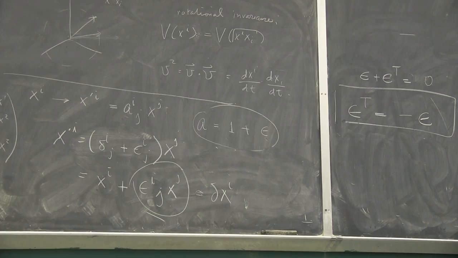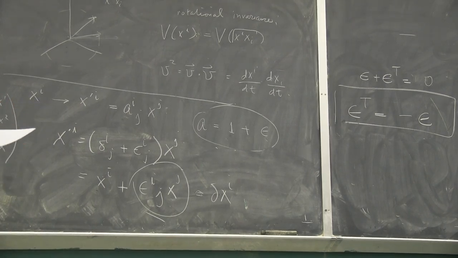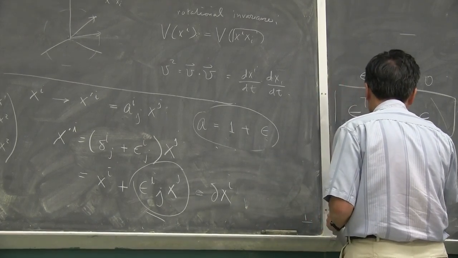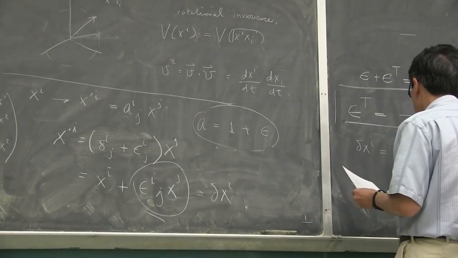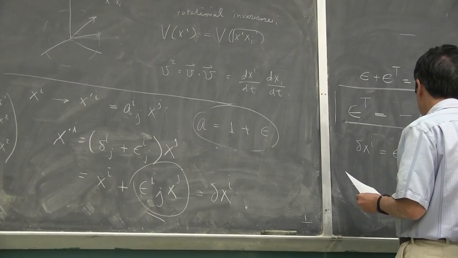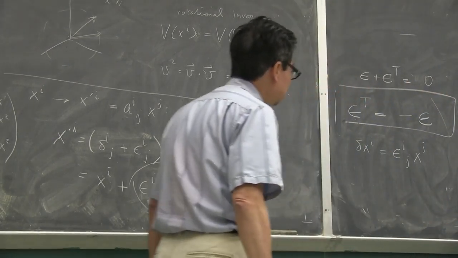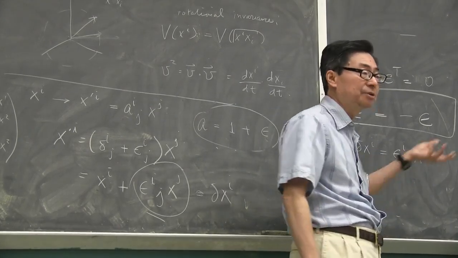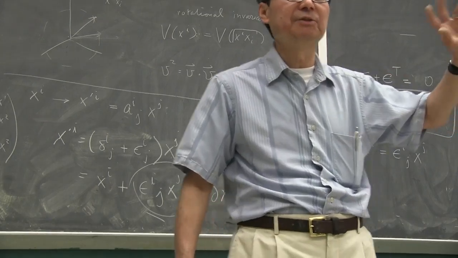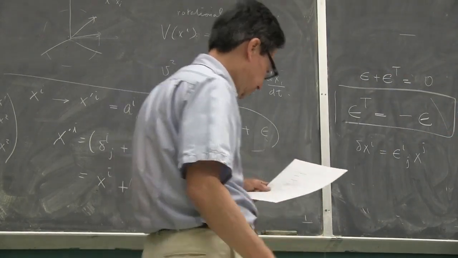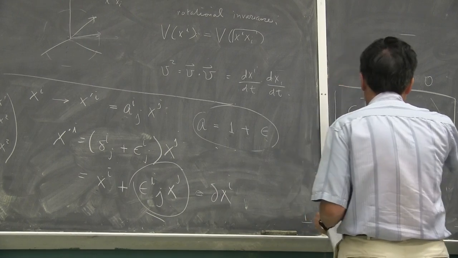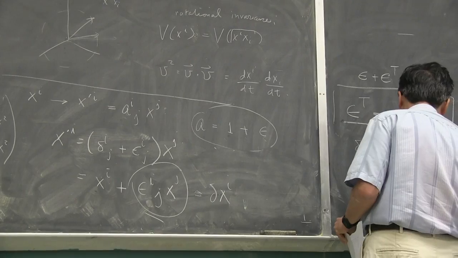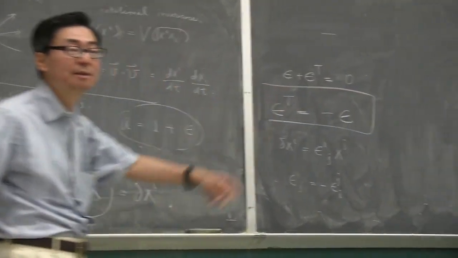And so delta x_i must be equal to epsilon_ij x_j. If I know what the epsilons are and the original components of the vector, then I can figure out the change under that particular infinitesimal rotation. And don't forget that this condition has to be satisfied, which means epsilon_ij is equal to minus epsilon_ji. That's a condition of anti-symmetry.